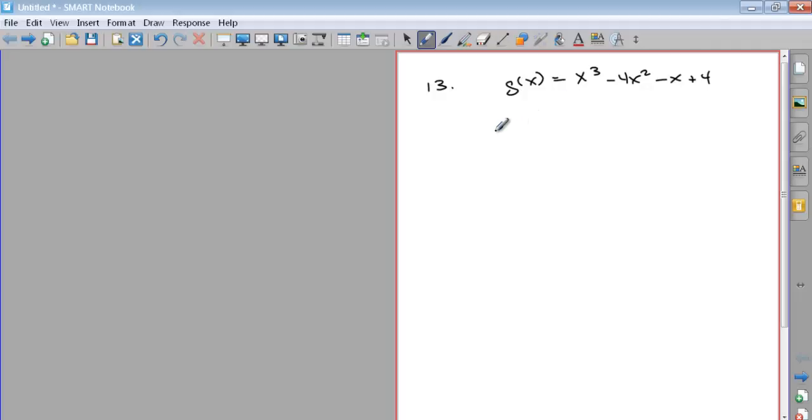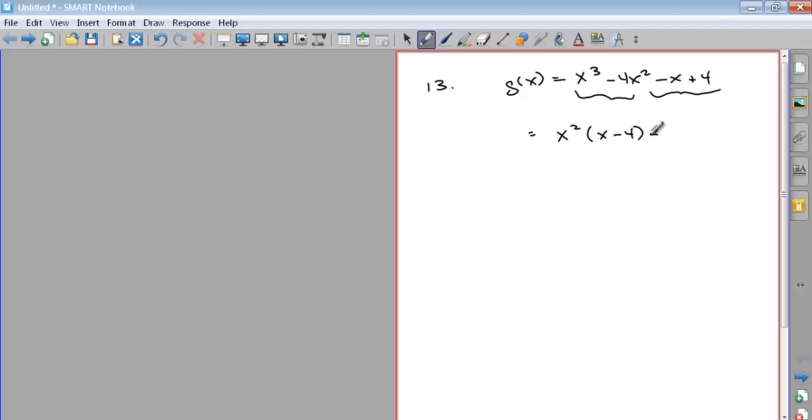Just so you remember what grouping is, you can group these two terms together and these two terms together. Then you factor out the x squared part, so you have x squared times x minus 4.